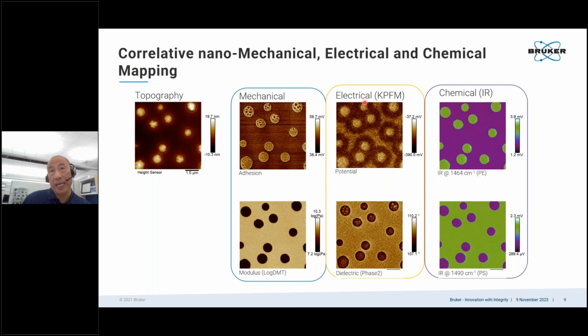For KPFM, if we do an electrical measurement on the same location, at the top is the potential map, that's really the work function contrast map. You can see over the polyethylene it has a little higher work function, and polystyrene slightly lower.